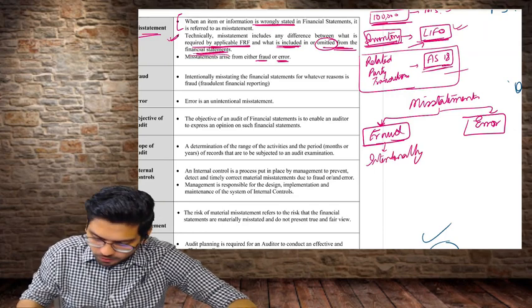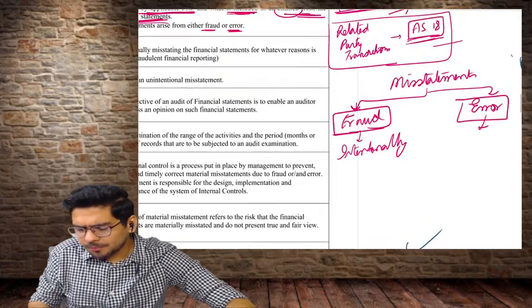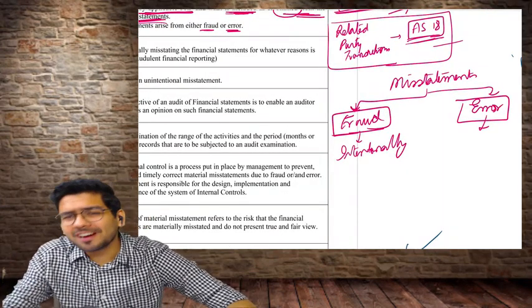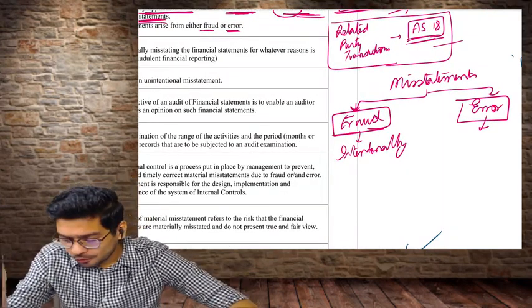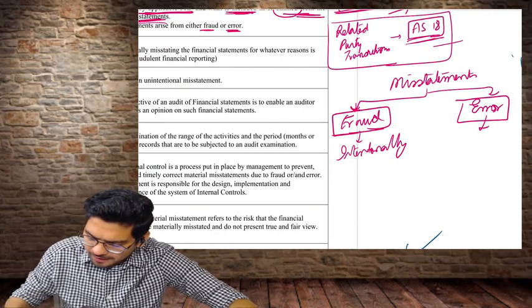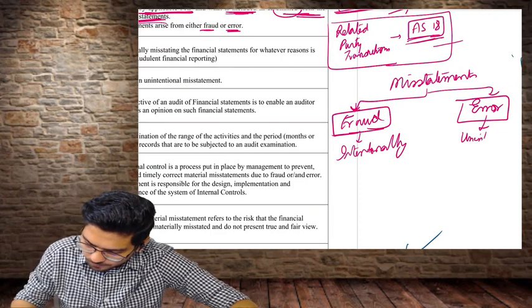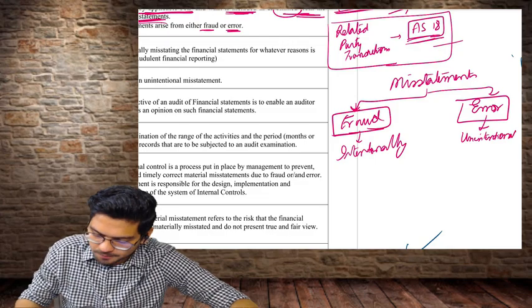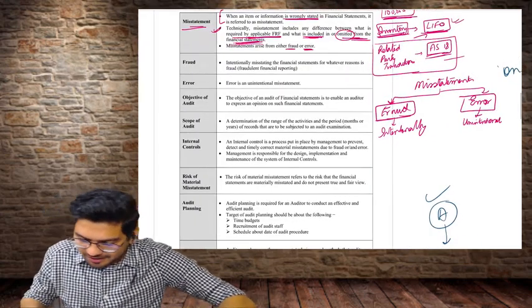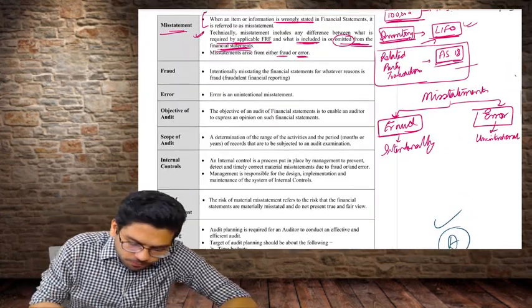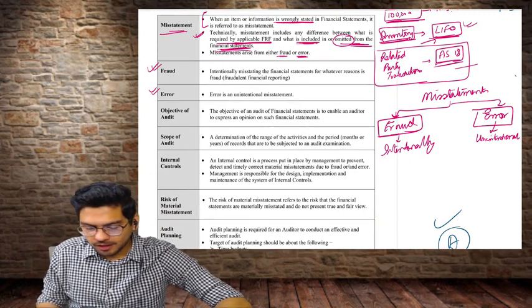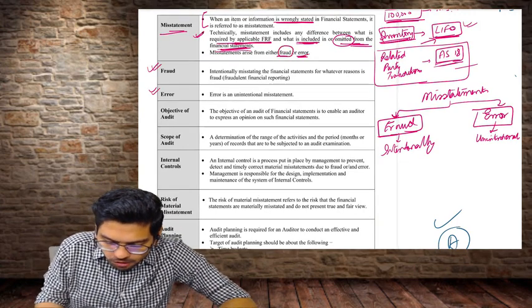Sometimes misstatements can happen due to carelessness, due to errors also. When misstatements occur because of errors, it is unintentional. Misstatements may arise because of fraud or error.